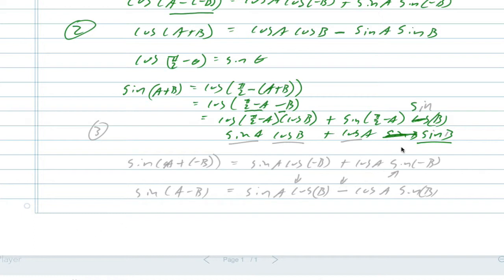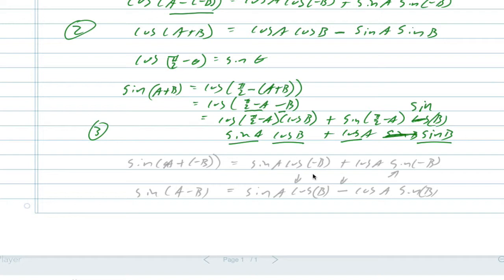This should be sine here. So this is cosine A sine B. So this is our third identity, just to clarify. Sine A cosine B plus cosine A sine B. So that is our third identity.